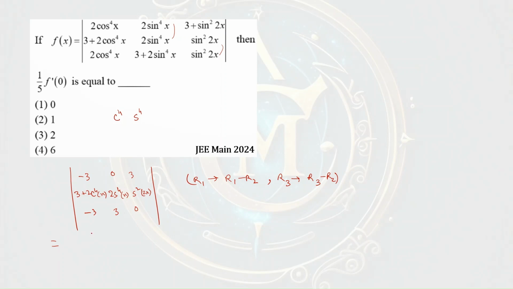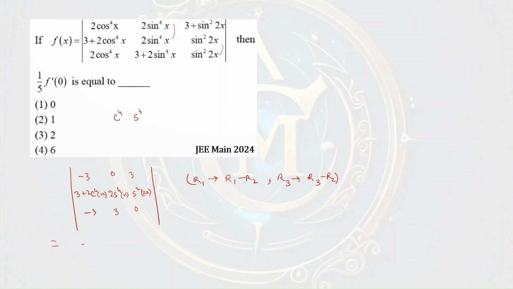This will be equal to, if we expand this determinant by this column, the signs are plus minus plus minus plus. So this term we don't have to care about.